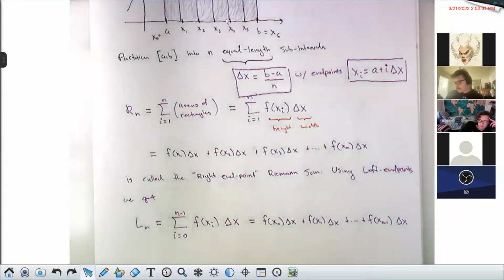The idea being to get to the fourth endpoint, you start over here at a and you walk 1 delta x, 2 delta x, 3 delta x, 4 delta x. So to get to the ith endpoint, you start at a and walk i copies of delta x to the right.